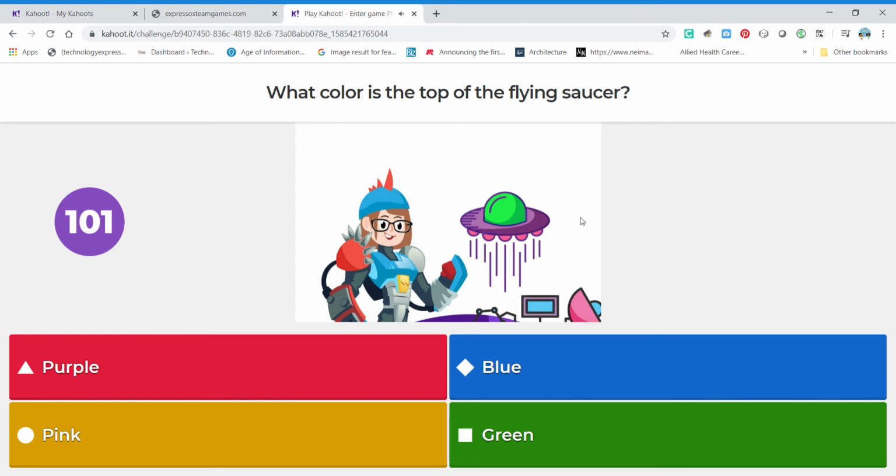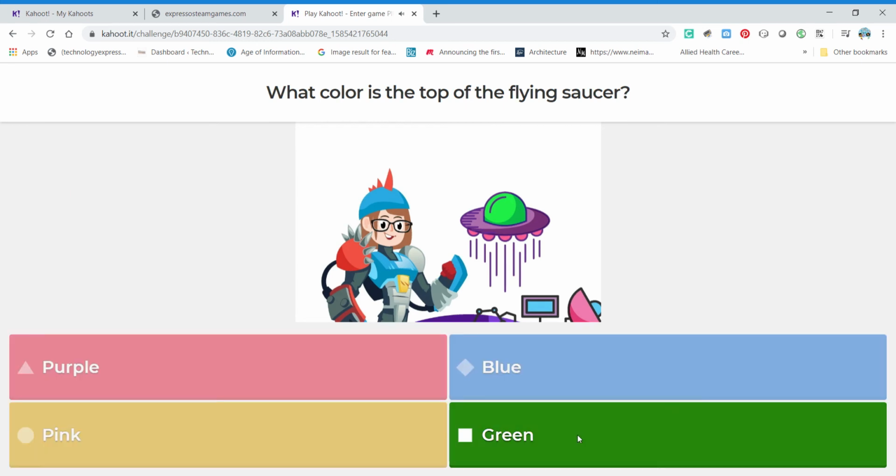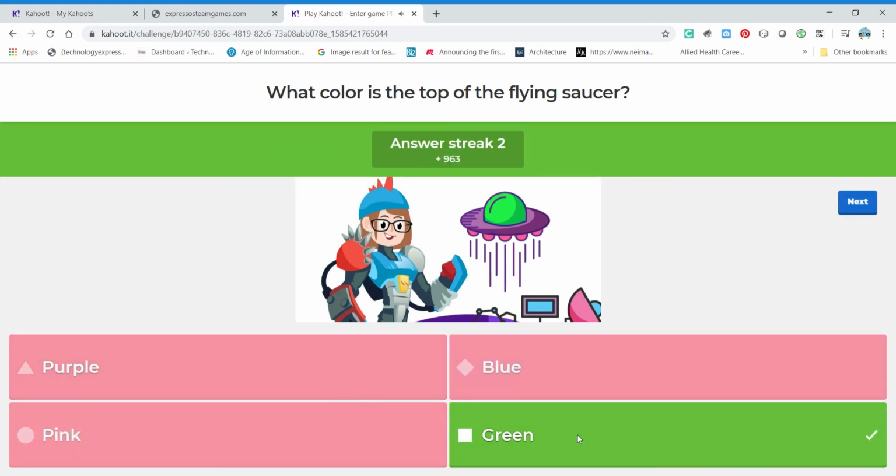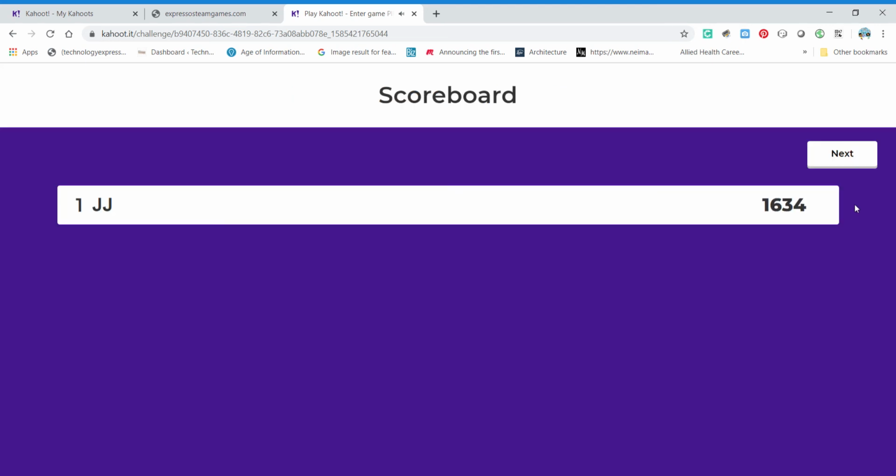So this is the flying saucer. There's the top. And our choices are purple, blue, pink, and green. So which one? I bet you're going to pick that one. That's the one I'm going to pick. And we're right. Very good. Oh, look at those. Look at his rack of points.